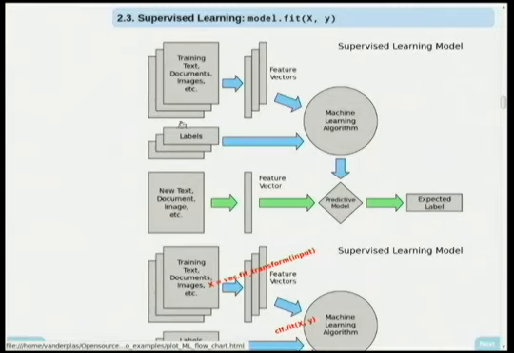You also have your labels that go with each object. That goes into this big circle, the machine learning algorithm, which spits out a predictive model. Then you put in a new document, extract the feature vector the same way you did from the original data, stick that into the predictive model, and then you get an expected label out.